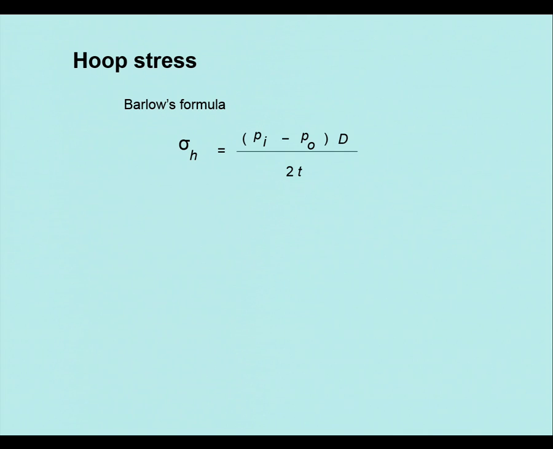But then, there's another way of doing it. You can take the mean diameter. So how do I get the mean diameter? It's an approach external diameter. The mean diameter is the external diameter plus the internal diameter divided by 2. So that's the mean diameter.